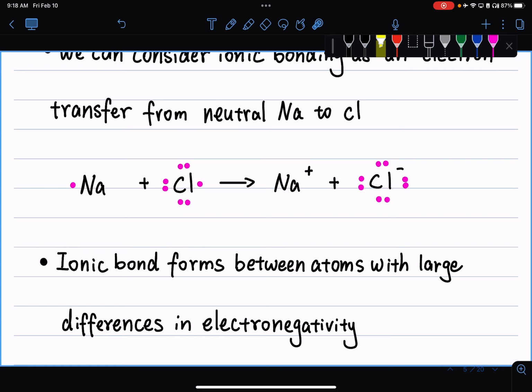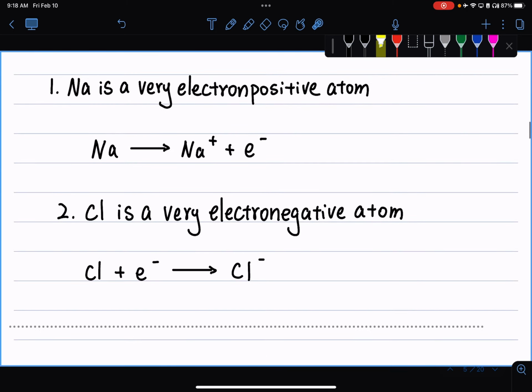So again, back to our example of sodium chloride. Sodium is a very electropositive atom. So we're imagining sodium losing one electron. So that's the ionization energy, the first ionization energy, if you may. And for chlorine to gain one electron, that's the electron affinity.